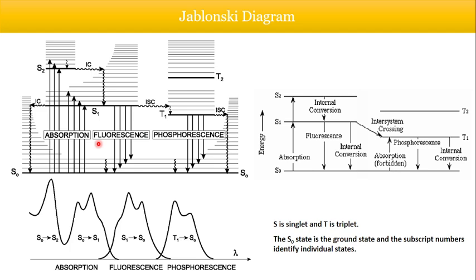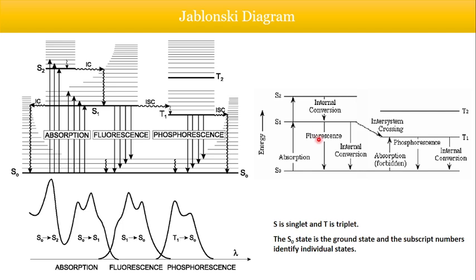Whereas for phosphorescence, first the electron is excited to a higher singlet state, then via loss of energy it moves to the S1 state, and then it moves to the triplet state via intersystem crossing, and the energy radiated is termed phosphorescence. So here S0 to S2, or S0 to S1, is absorption, then S1 to S0 is fluorescence, and since from S1 it has moved to T1, T1 to S0 is termed phosphorescence.